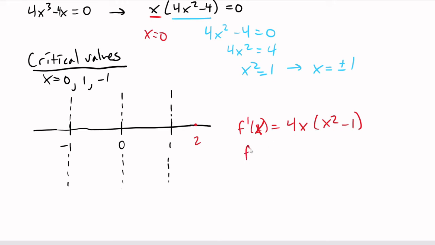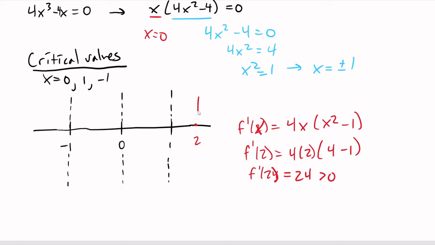So f prime of 2 is 4 times 2 times 4 minus 1. So that's 8 times 3, that's 24, which is positive. So at 2, I'm increasing. My function f is increasing, which means it's increasing at 3 and 4 and 5 and 6 and 1.5 and 2.15213, and so on. All in here, it's increasing.